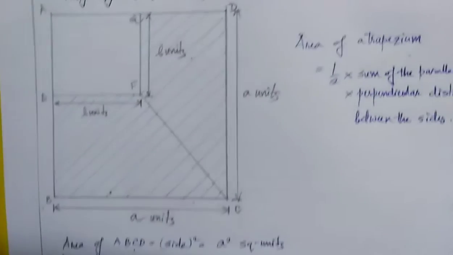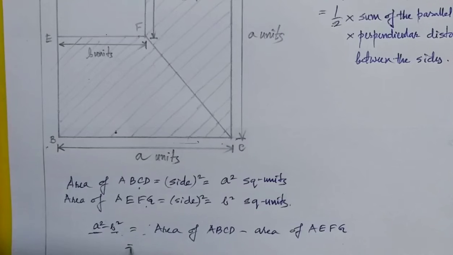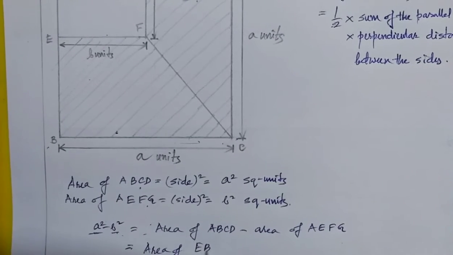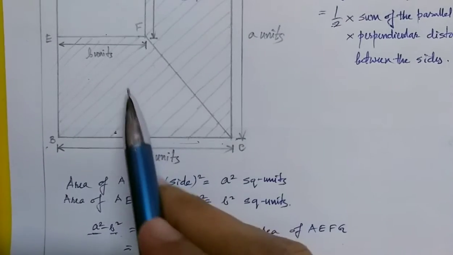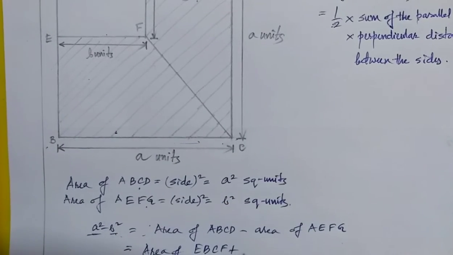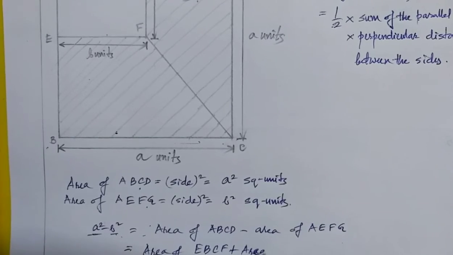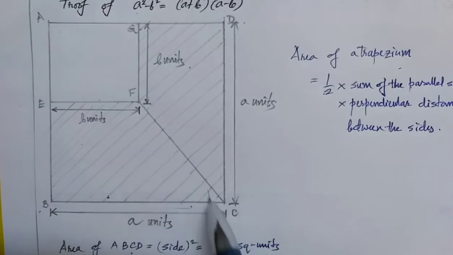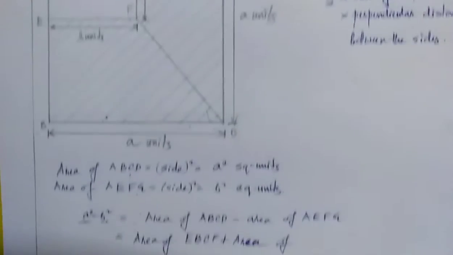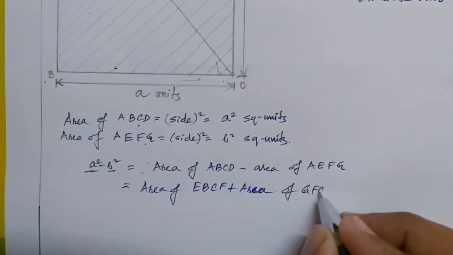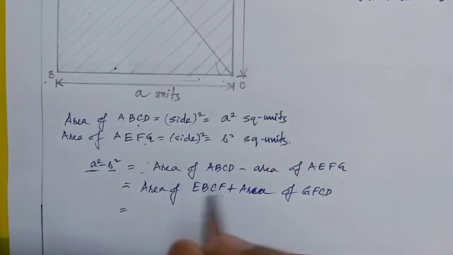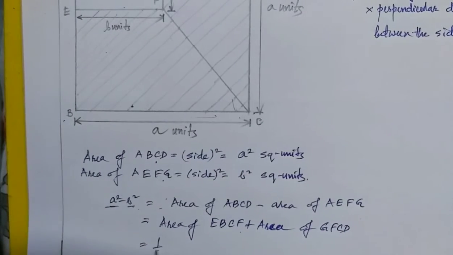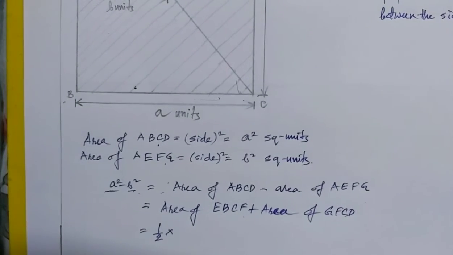Therefore we can write it as area of EBCF, this trapezium, plus area of this trapezium GFCD. For EBCF, the formula is half into the sum of the parallel sides.